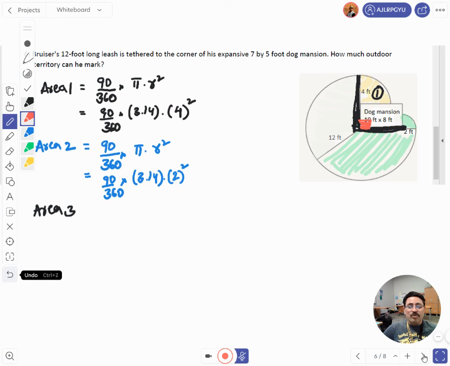Therefore, if I remove that 90 degrees, what is the remaining angle? So 360, let me take away 90 degrees, then I'll end up with 270.